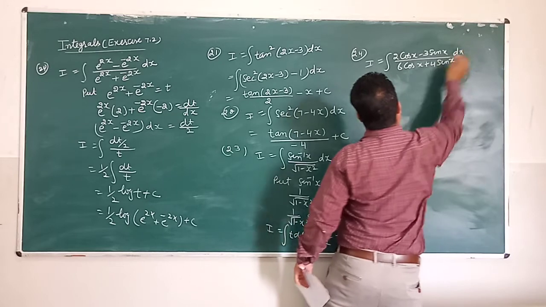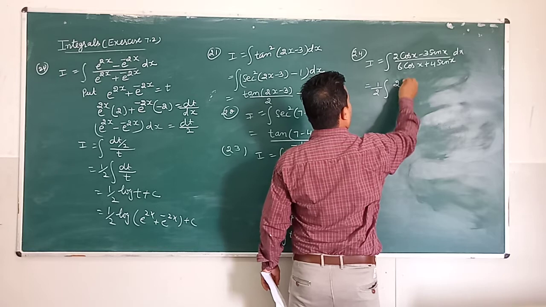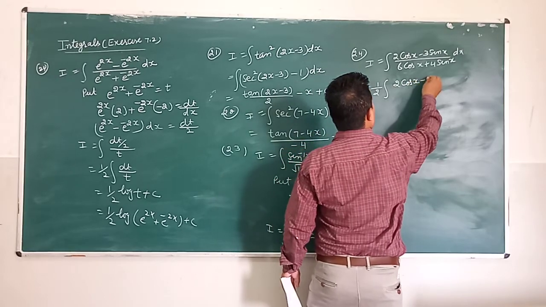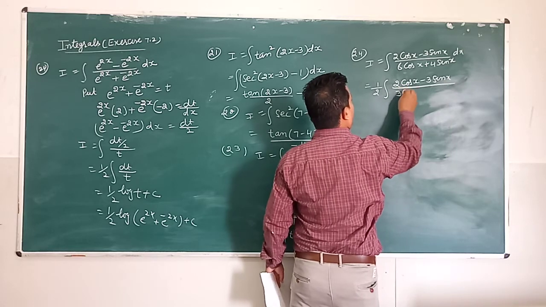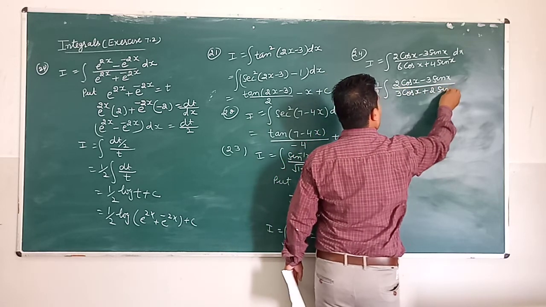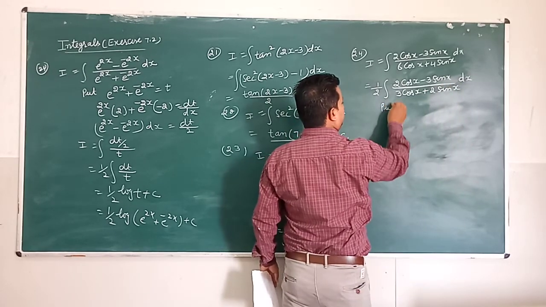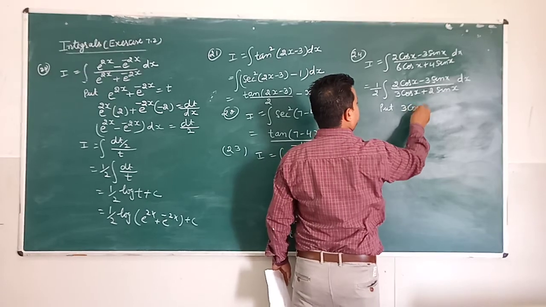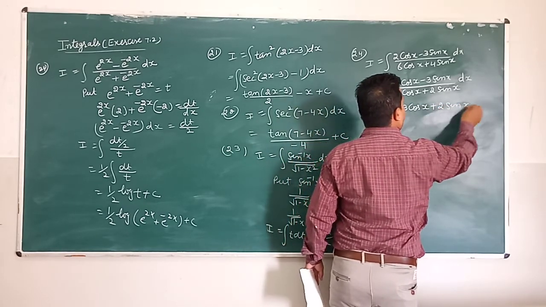In this question, first we take 2 common from the denominator. When we take 2 common from the denominator, this is 3 cos x plus 2 sin x, and we put 3 cos x plus 2 sin x equals t.